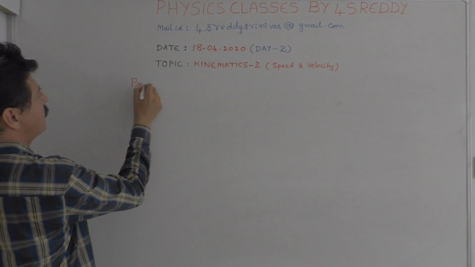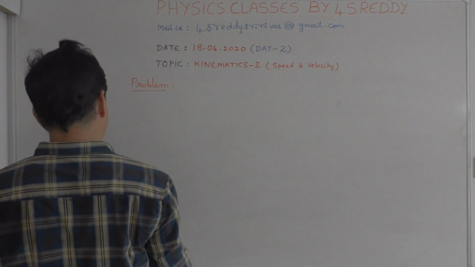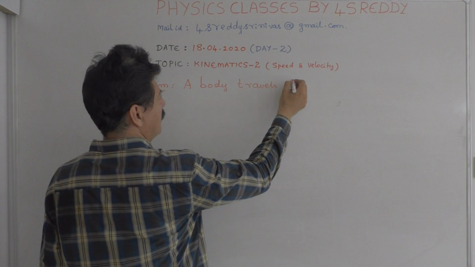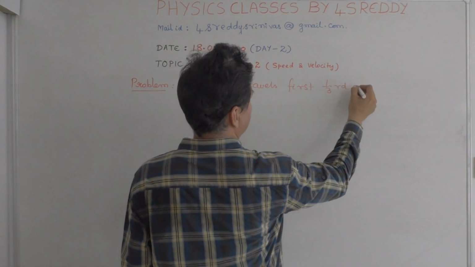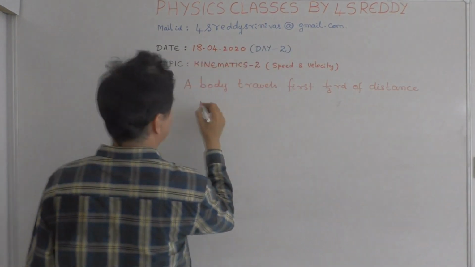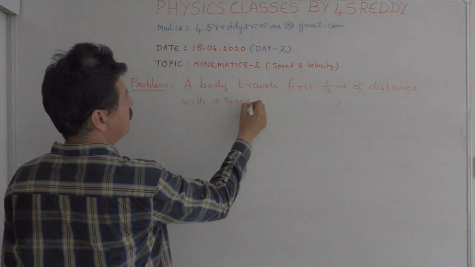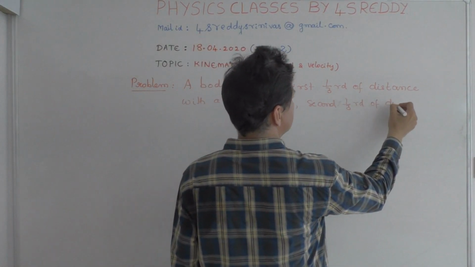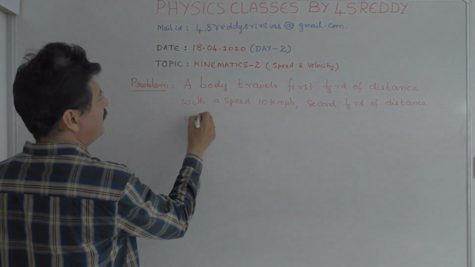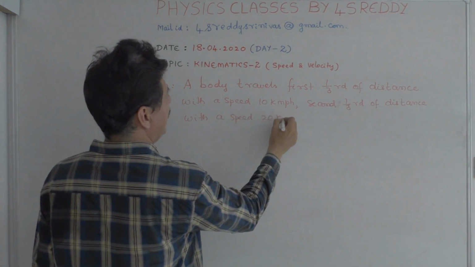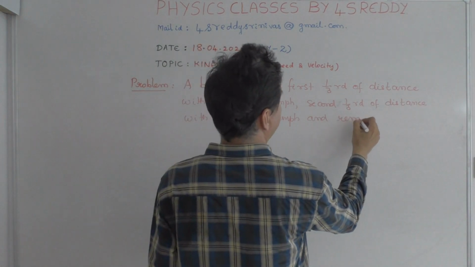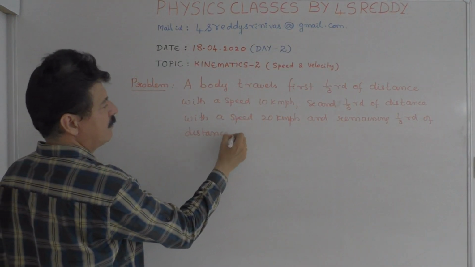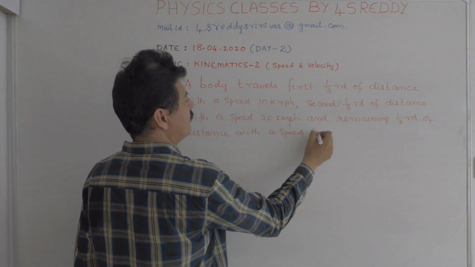A body travels first one third of the distance with a speed 10 kmph, second one third of the distance with a speed 20 kmph, and the remaining one third of the distance with a speed 60 kmph.